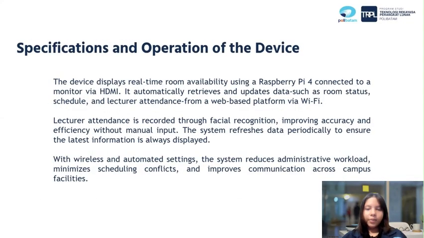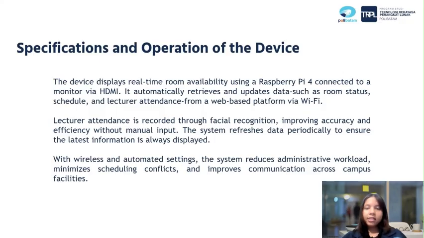The next is the specification and operation of the device in this project, as follows. This device is designed to display real-time room availability using a Raspberry Pi 4 connected to a monitor via HDMI. The Raspberry Pi acts as the central controller, automatically retrieving and updating data such as room status, class schedules, and lecturer attendance from a web-based platform over a Wi-Fi connection.